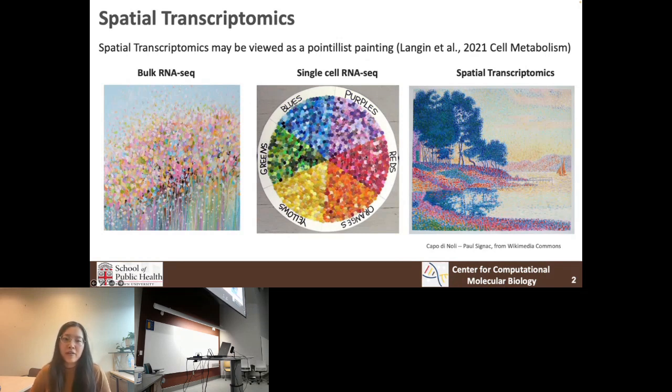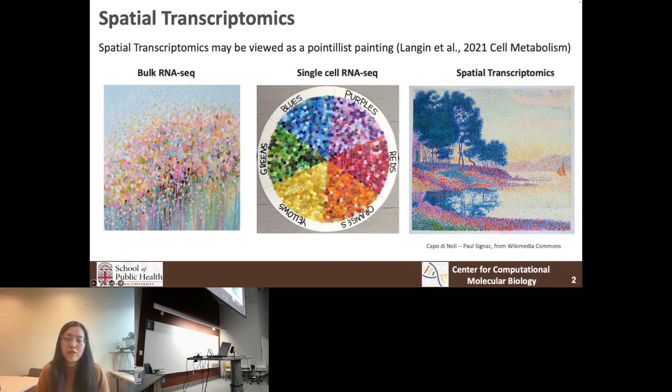Within the same color tone, the dots of colors aggregate together, and they also show some heterogeneity, which can indicate cellular heterogeneity corresponding to different cell states or cell type populations. However, single-cell RNA sequencing technology cannot capture the spatial information of cells.